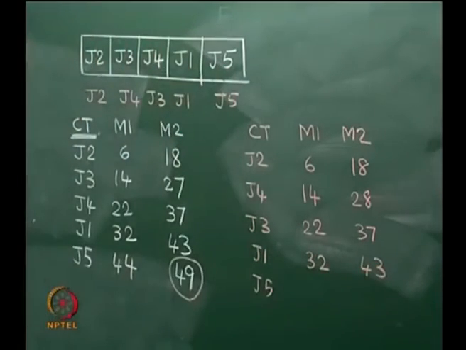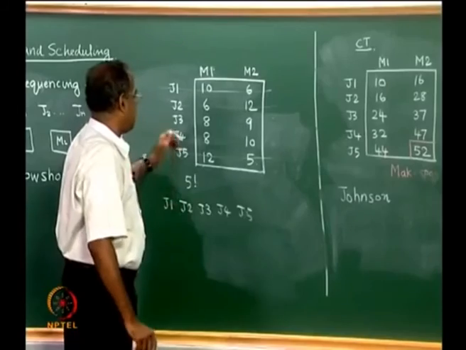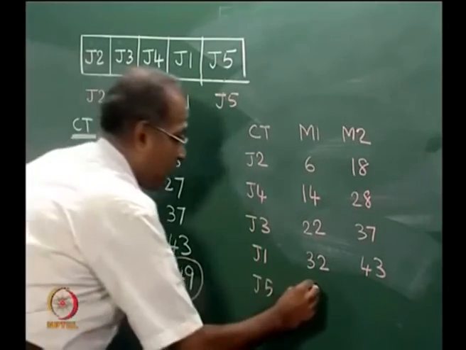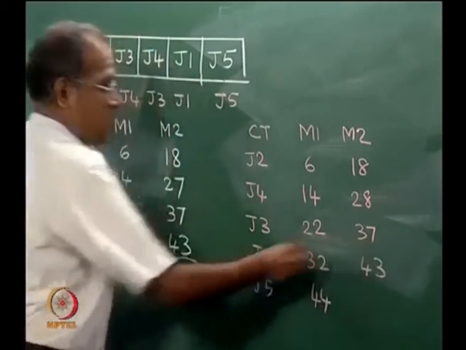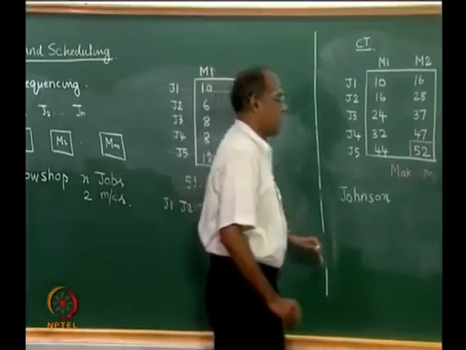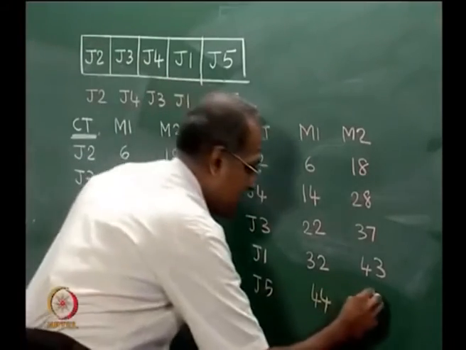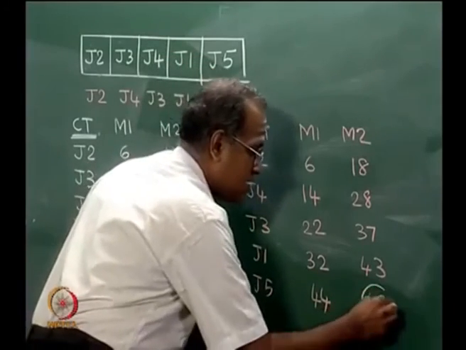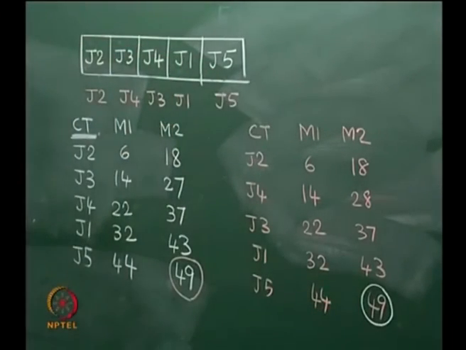Now, J5 goes to M1 at time equal to 32, takes 12 more units, finishes at 44. Now, M2 is waiting, so it goes to M2 at 44, takes another 5 units of time and finishes at 49. So, this sequence also gives us the make span of 49.